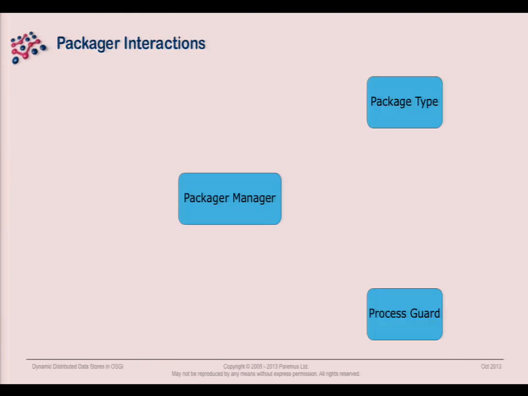So you can see we've got the three agents here, and what's going to happen is when the package type and the process guard register services, they're going to be picked up by the package manager. So the package manager is then going to say, I've got this pair of matching services, so it's time to get the configuration from the process guard and give it to the package type.